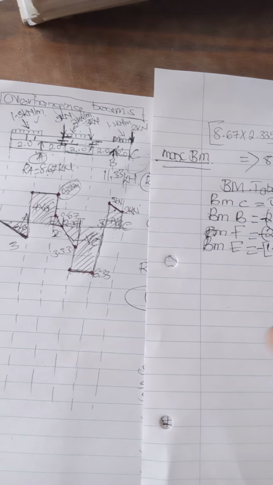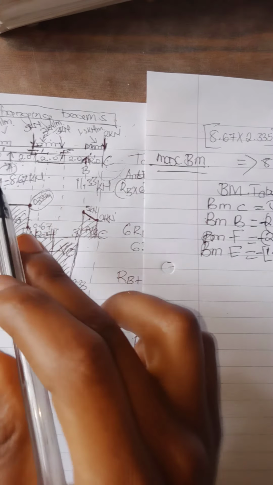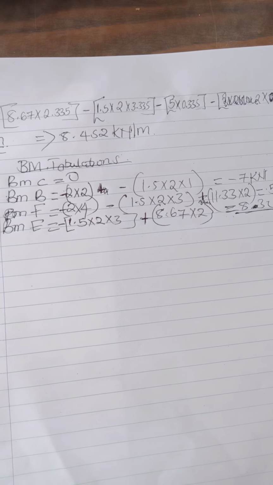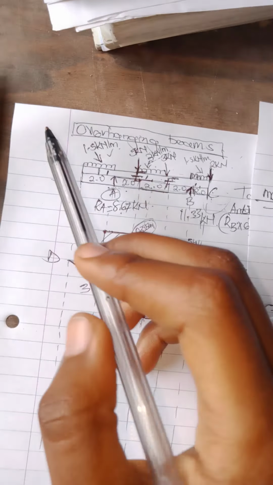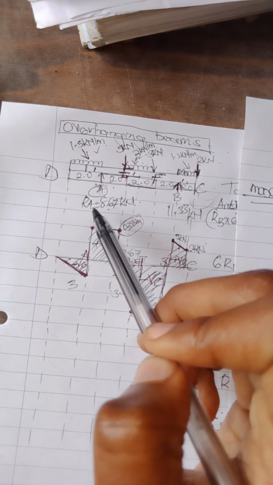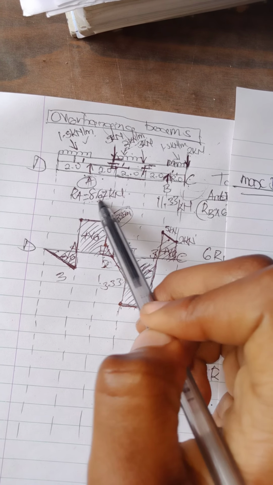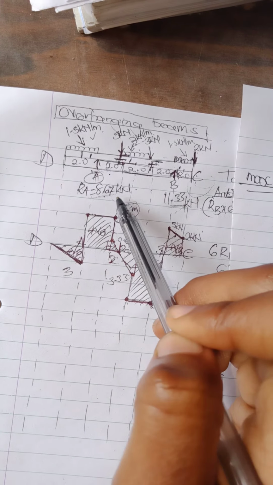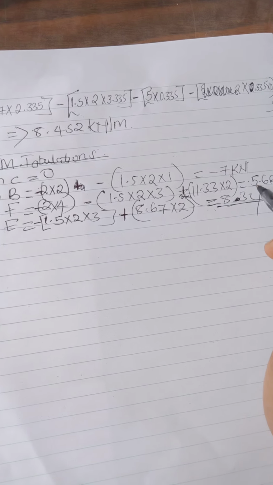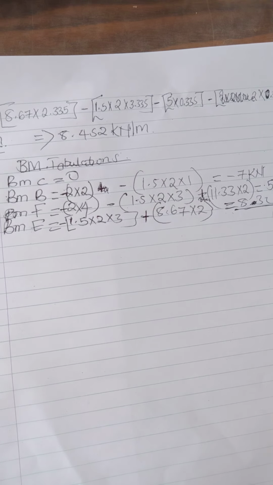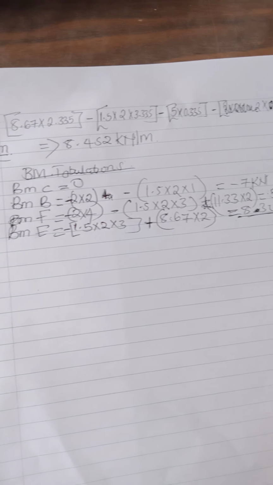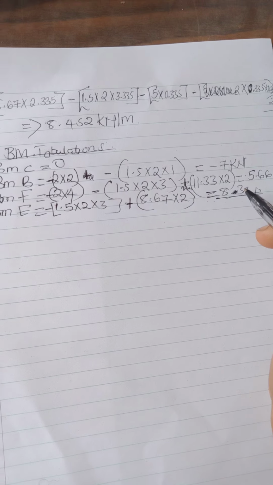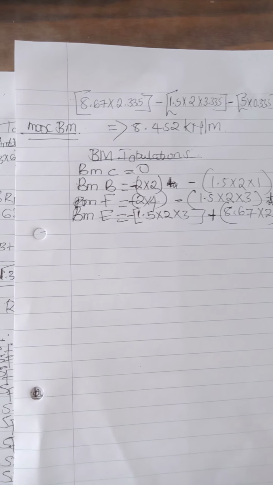If we calculated from C, we would get 8.32, but because of using the other side and because of the rounding off of the reactions at A and B, we get 8.34. So I would advise you to use only one decimal place.